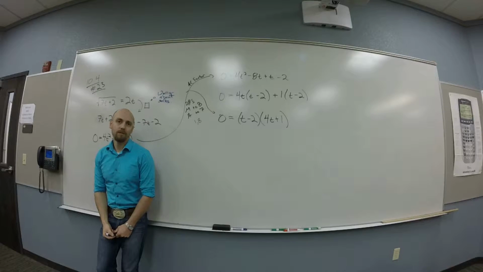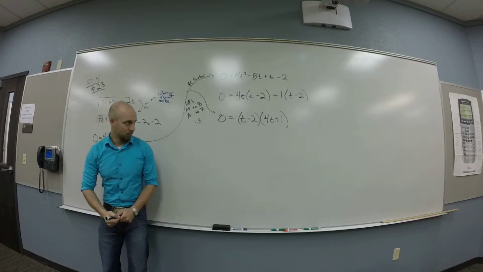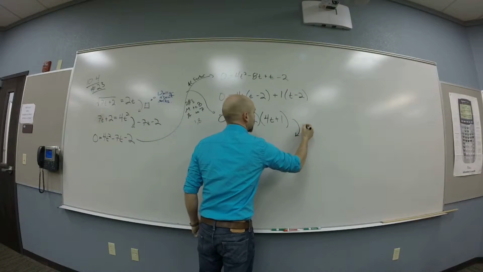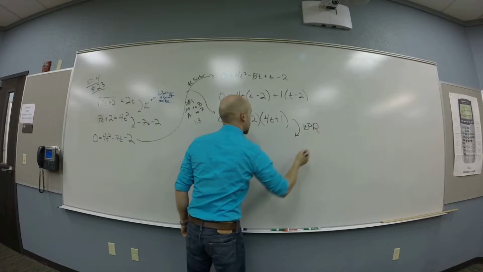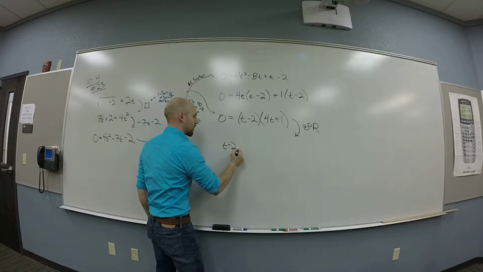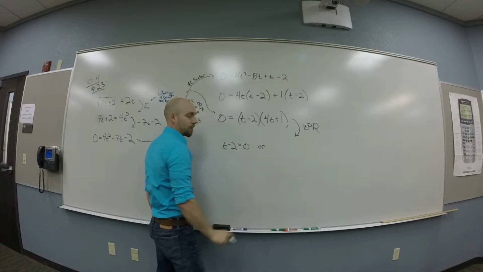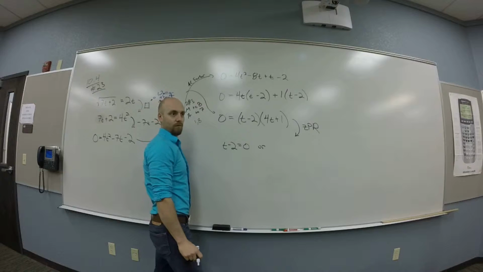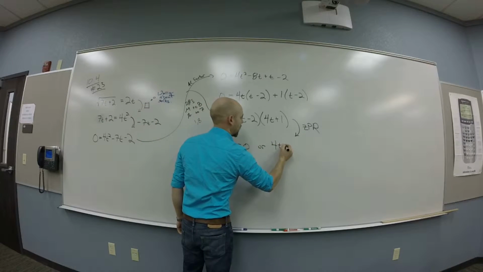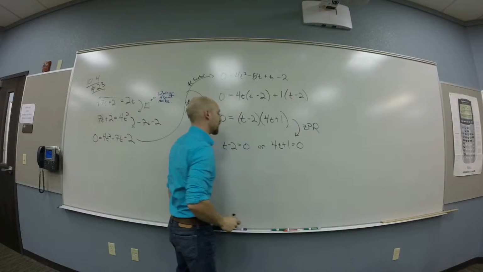Then what? Hit this with the zero product rule. So I get t minus 2 is 0, or 4t plus 1 is 0.